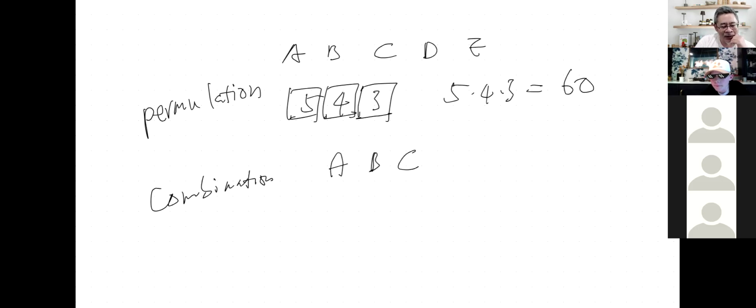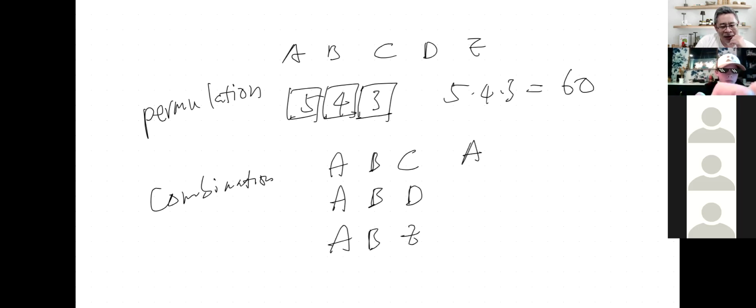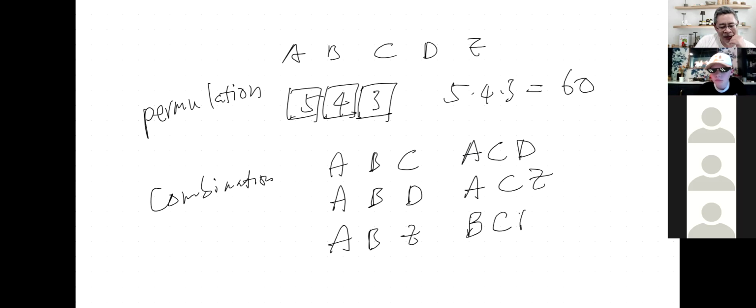A, B, C, A, B, D, and A, B, Z. See, different books. Then we could have A, C, D, or A, C, Z. And then we're going to look at just B, C, D, and B, C, Z.